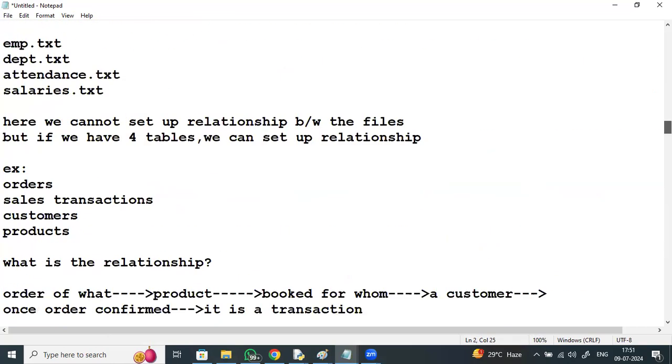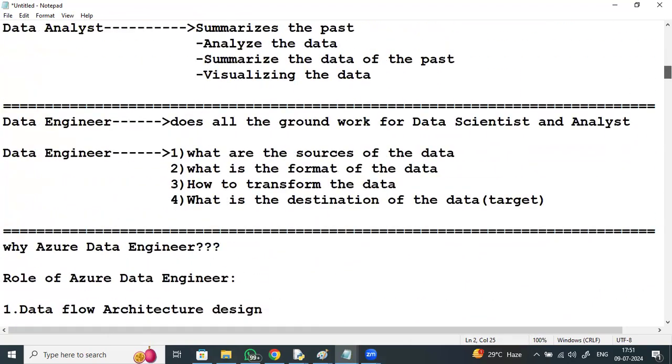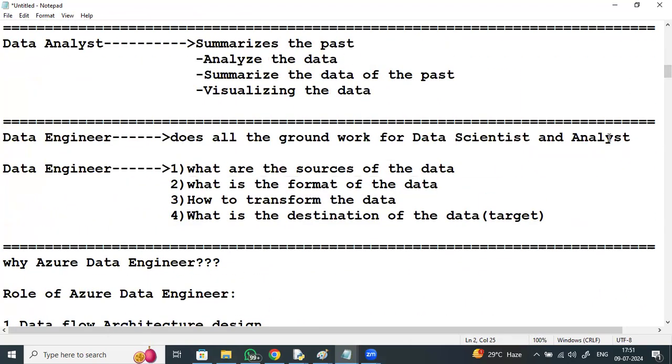So I said about the job market also, right? As companies are getting registered with Azure, the number of opportunities for data engineers increases constantly, right? They also have huge pay scales. Data engineers have some of the highest average salaries, one of the top highest paying jobs, right?